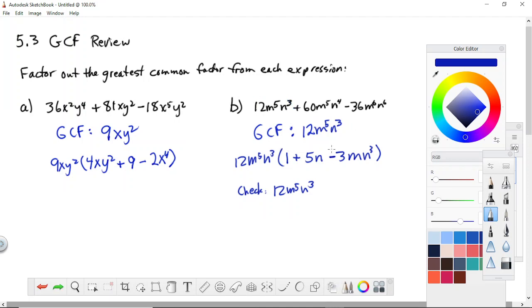Now we take this times 5n. That gives us 60, 5 times the 12. M to the 5th power just stays the same. And then n cubed times n, that's n to the 4th.